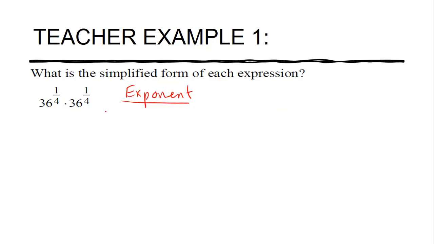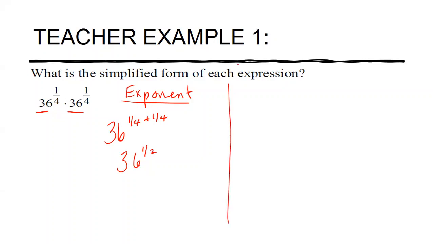All right, so underneath the exponent side, I see that I have two bases that are the same. So what am I doing with their powers? I'm adding them together. So it becomes 36 to the 1/4 plus 1/4. What is a quarter plus a quarter? A half. So I have 36 to the half. Does that make sense? So that's the exponent side.